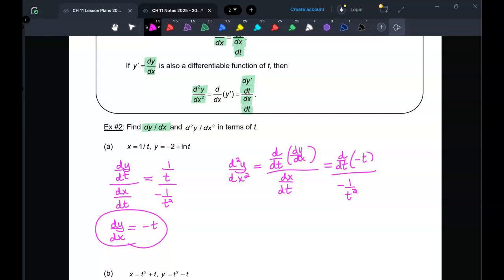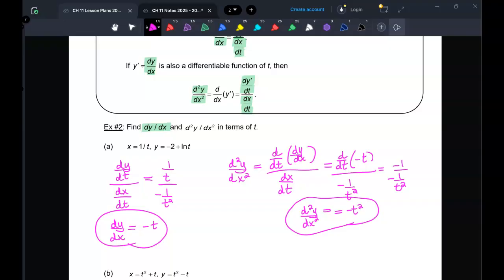Okay, so it's not just taking the derivative of that first derivative. You have to take that with respect to dx dt. So then why are we taking, like, you see the thing that's like 1 over t over negative 1 over t squared? That fraction? Okay, hold on one sec. Let me just write it out. We said negative t squared.